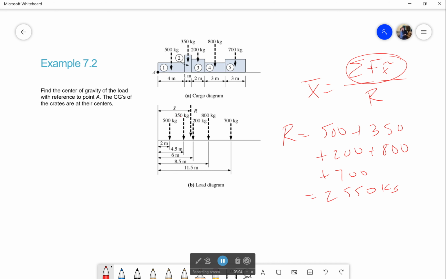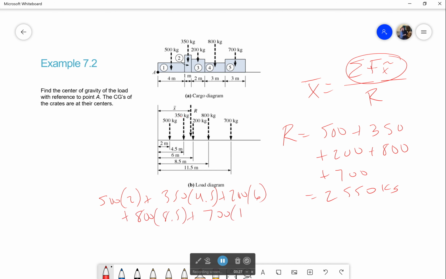Let me erase this line right here. So what I get for my sum of the forces times their centroid is 500 times 2 plus 350 times 4.5 plus 200 times 6 plus 800 times 8.5 plus 700 times 11.5.